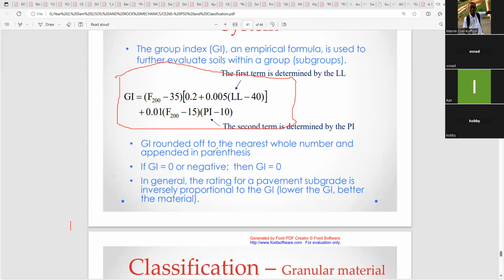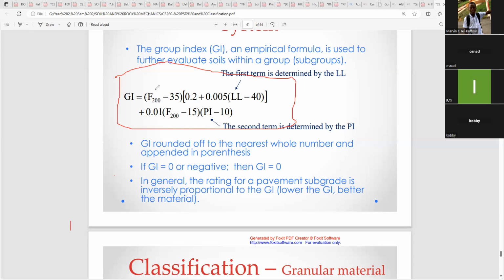It's actually simple, but if you don't take care, a lot of people couldn't solve the GI, and if you are not able to solve the GI, you are doomed. It's the most important thing, it ends the whole classification.